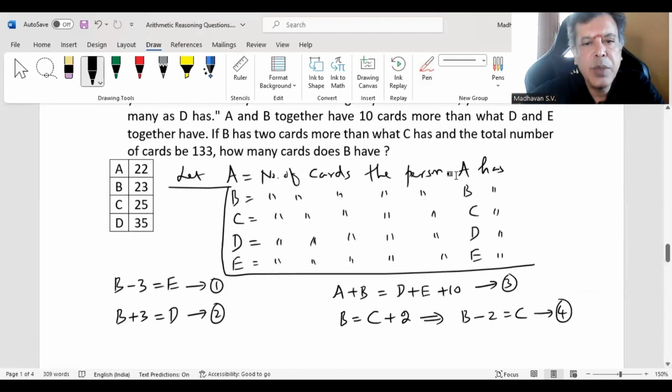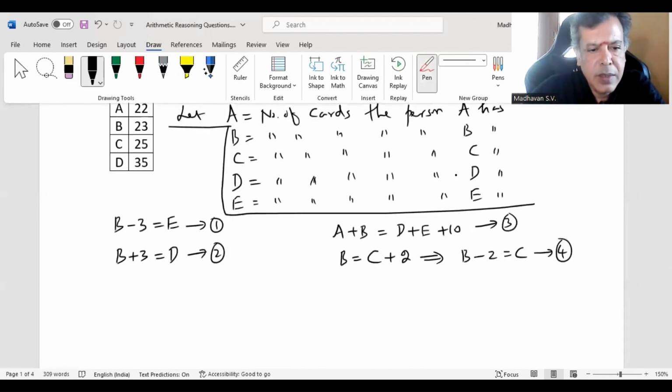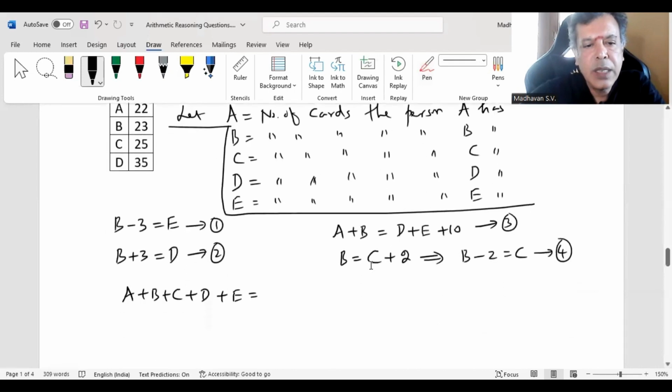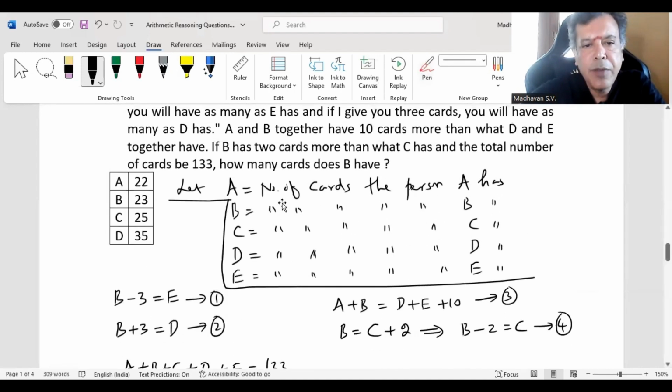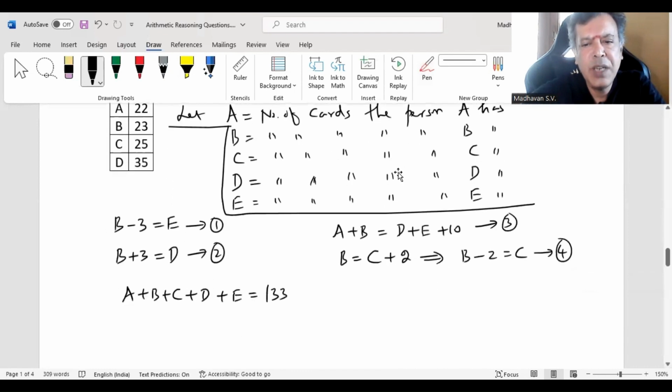Total number of cards is 133, meaning A plus B plus C plus D plus E is 133. So what we need to find is how many cards B has, meaning we need to find the value of B.